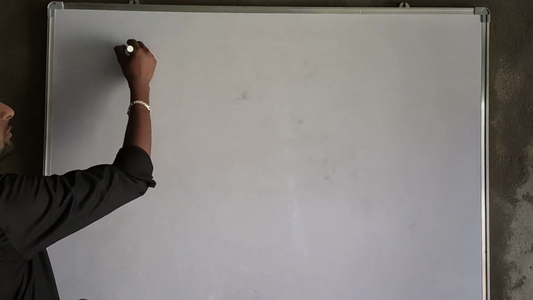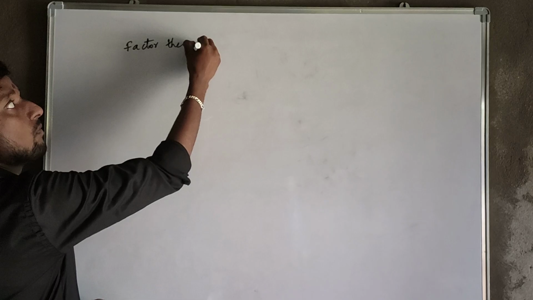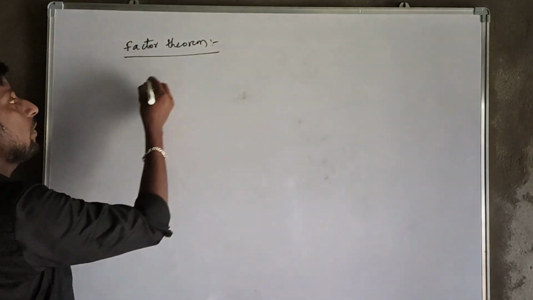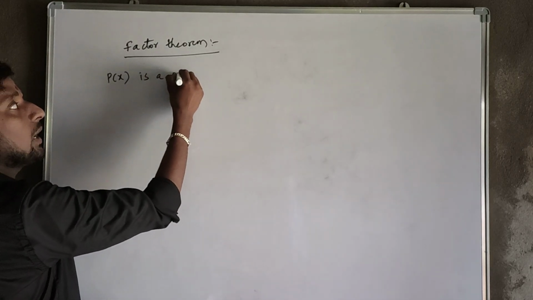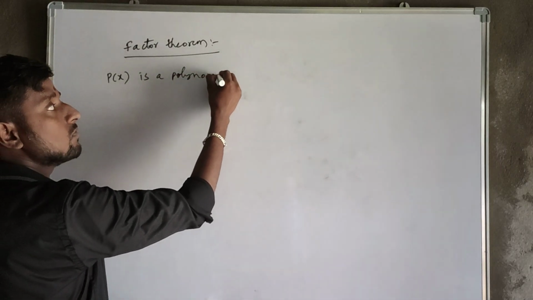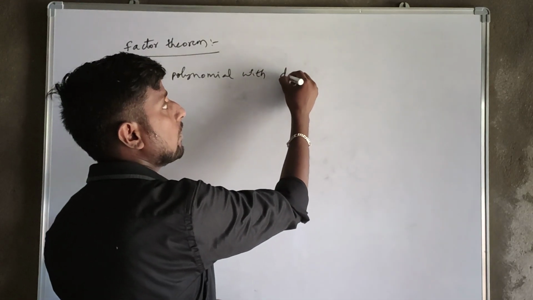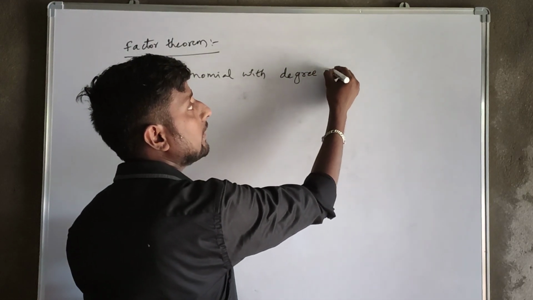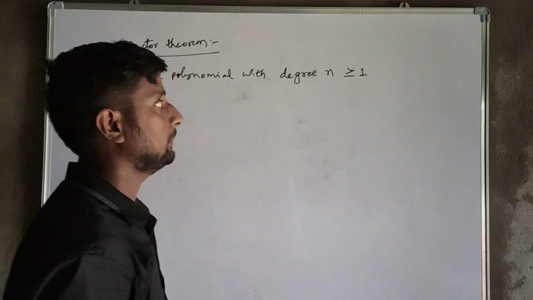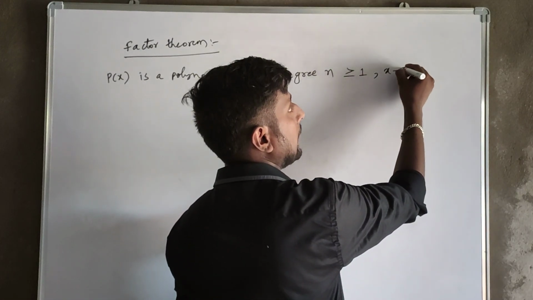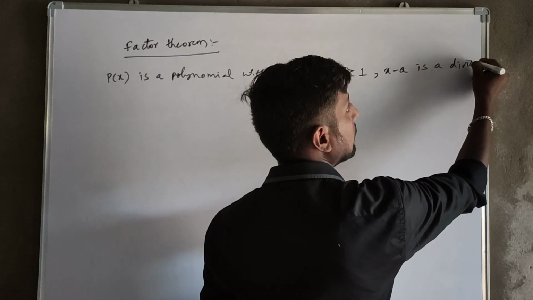Now the theorem, I will write. Factor theorem. P of x is a polynomial with a degree n that is equal to 1 or more than 1, and x minus a is a divisor.